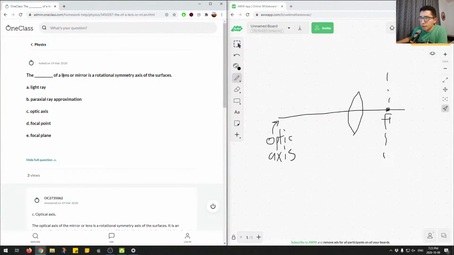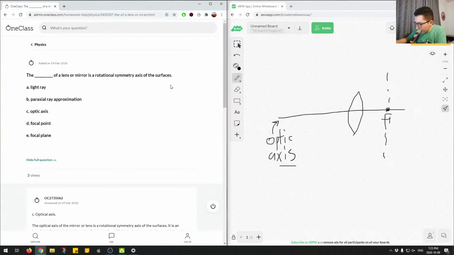So here it's asking for what is the thing of a lens or mirror that gives you rotational symmetry, or is the rotational symmetry axis of the surfaces. So here we know this lens gets intersected by the optic axis in the center.